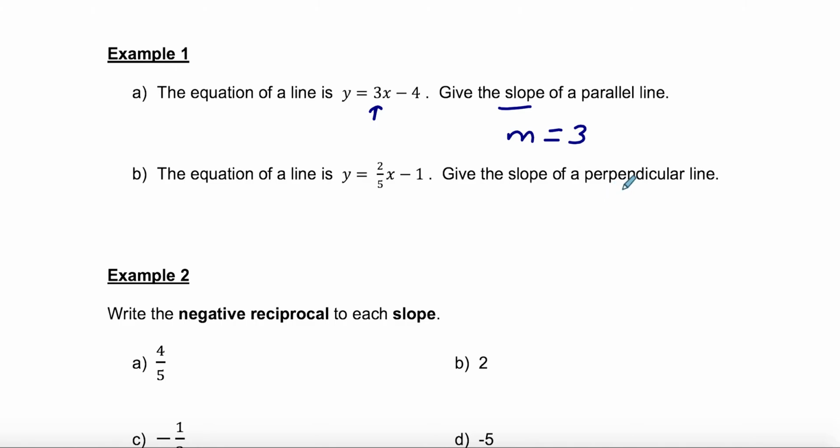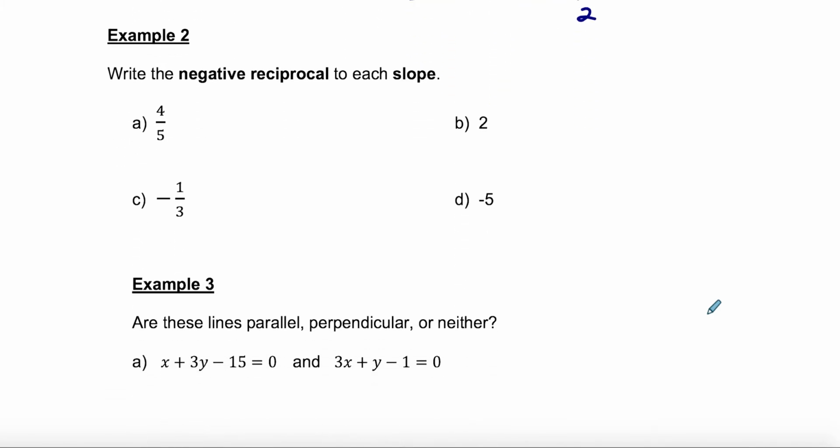Give the slope of a perpendicular line, just the slope. The slope of this line is 2/5. The slope of a perpendicular line, this is a symbol we use for perpendicular, would be negative 5 over 2. So this is positive, the new slope is negative, and we flip this upside down. That's the negative reciprocal.